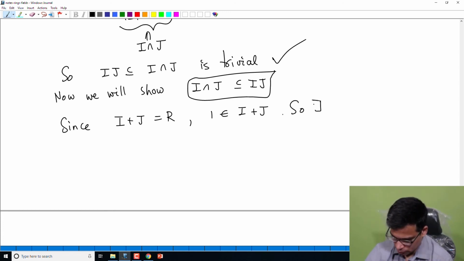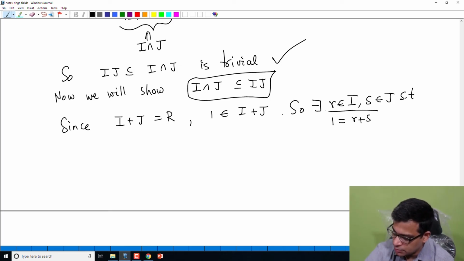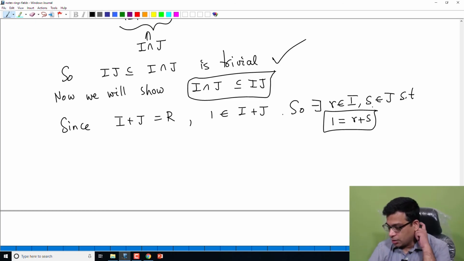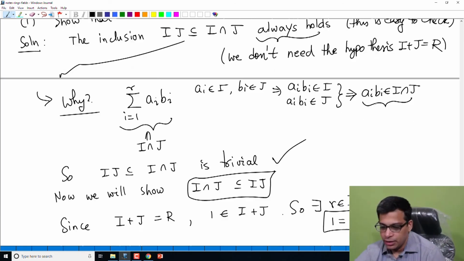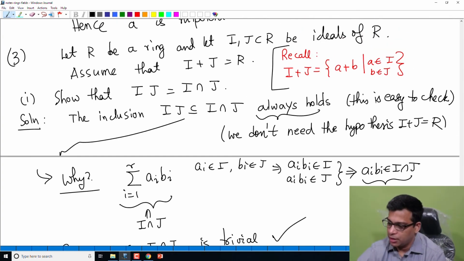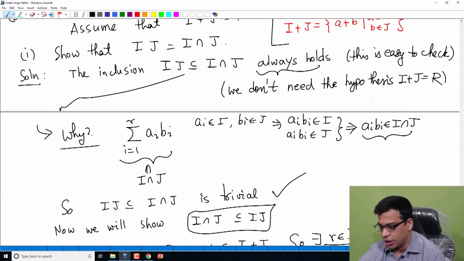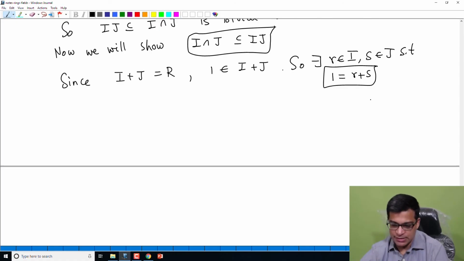So there exist elements r in I and s in J such that 1 is equal to r plus s, right? So 1 is an element of I plus J, and I recalled for you what I plus J is. I plus J is simply the collection of sums, one from I, one from J. So 1 is equal to r plus s.